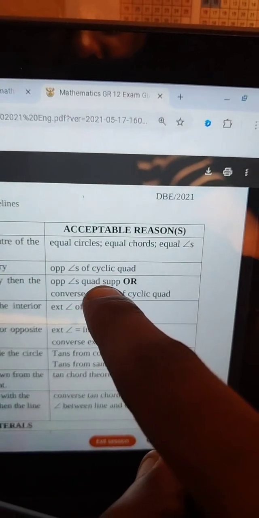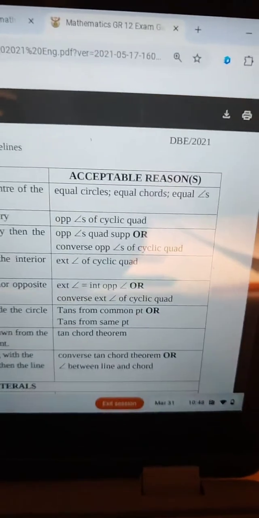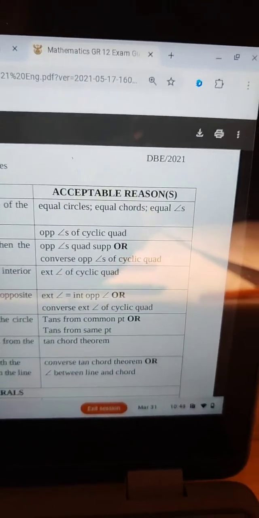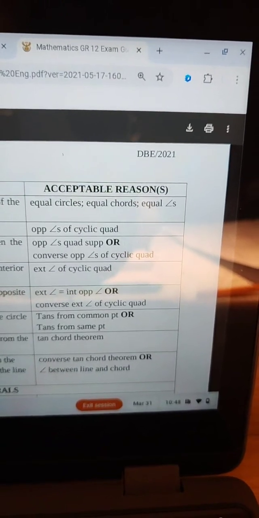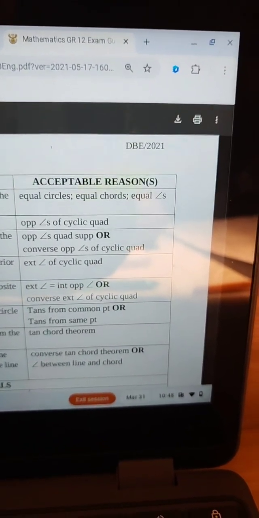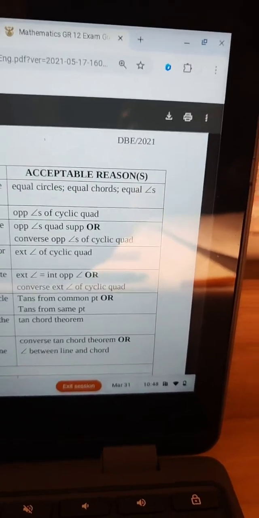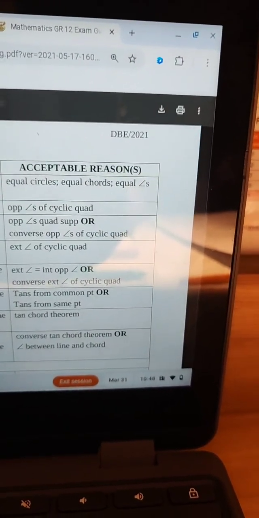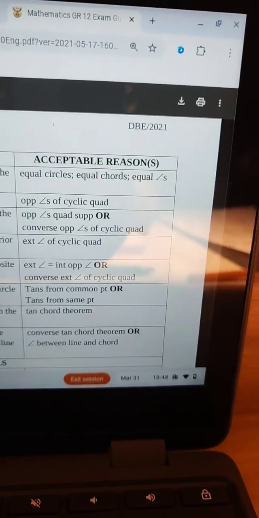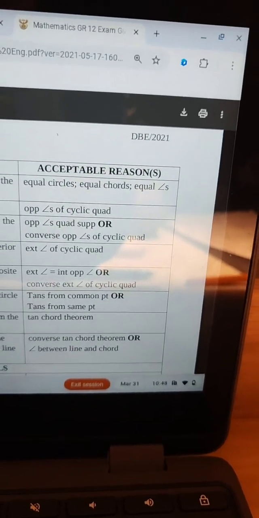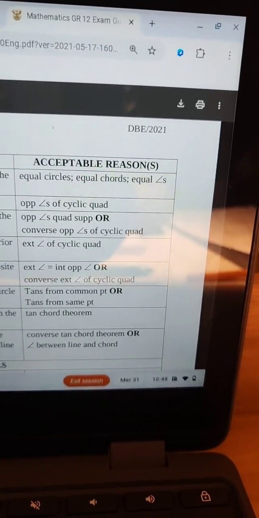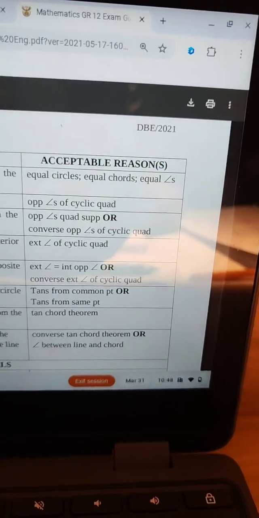Look at the acceptable reason. We can either say opposite angles of quad supplementary, or they are saying we can say converse opposite angles of cyclic quad.